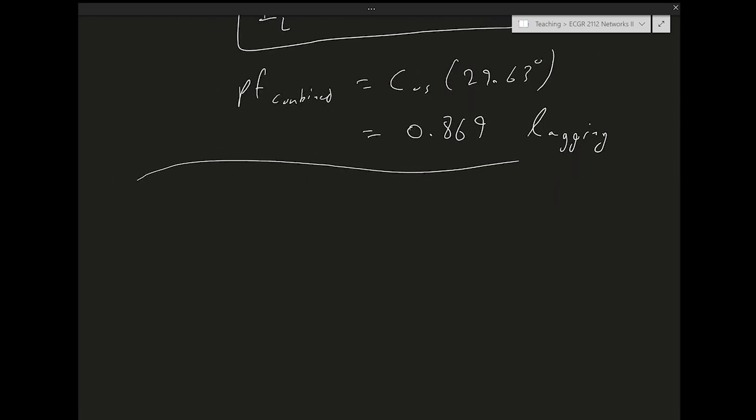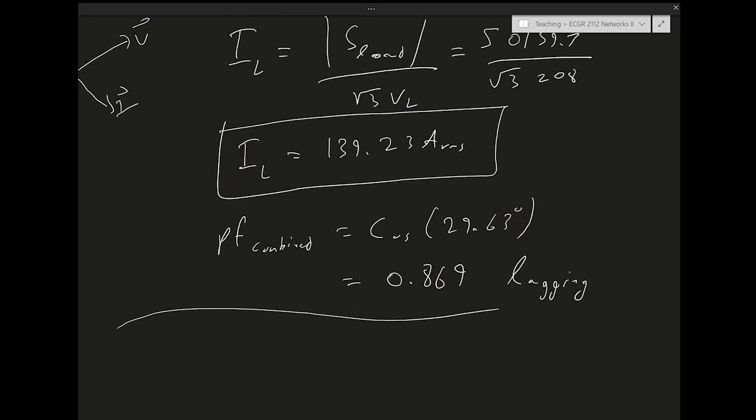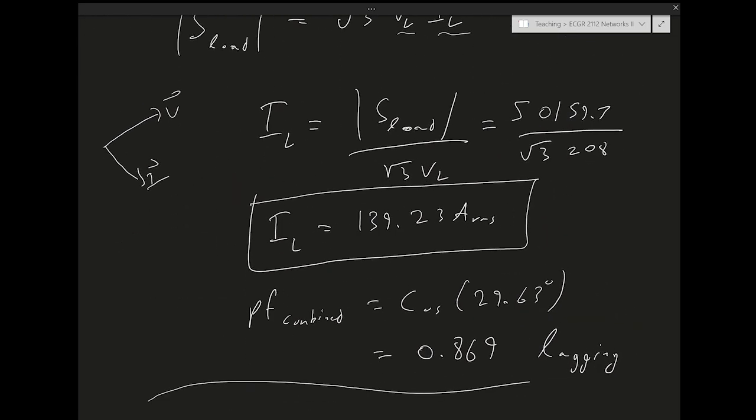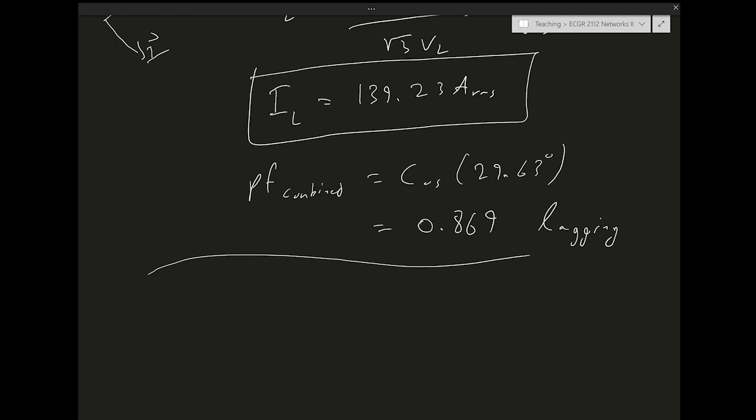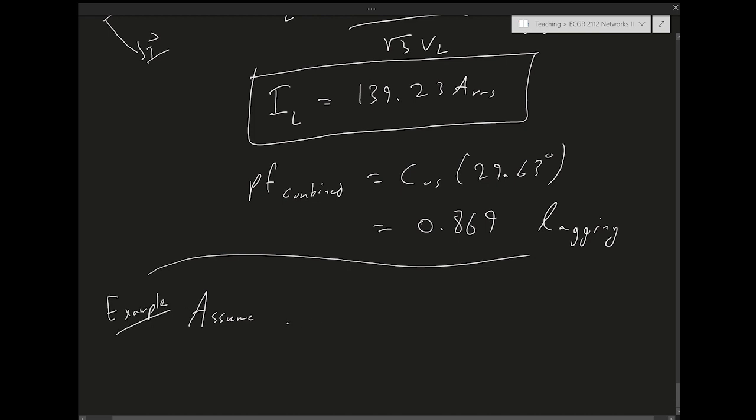So we want now to redo this same example, but we want to assume that there is a line impedance. So assume, this is the second example, a line impedance as follows.